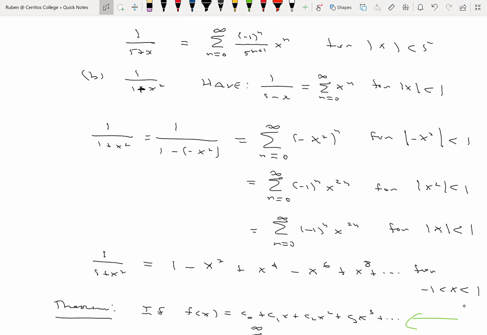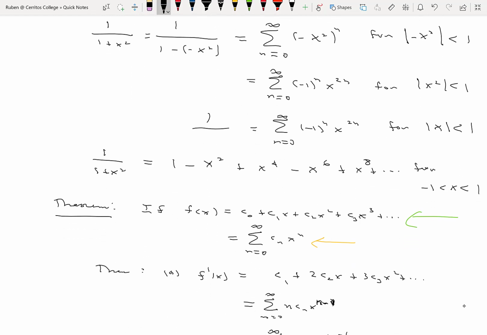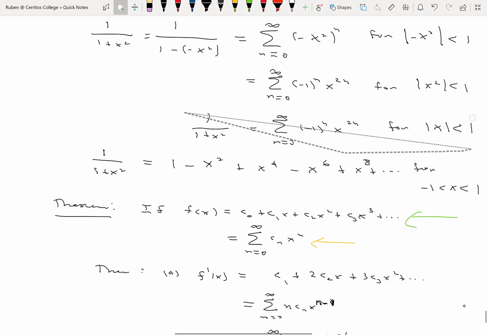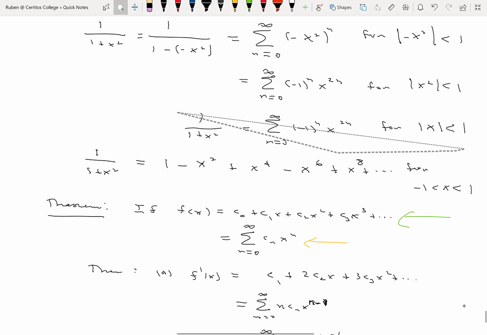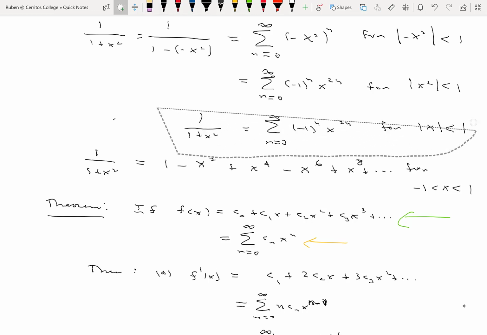In part B, we have an important series, the series for 1 over 1 plus x squared. And I'm going to highlight that series because we're about to use it.